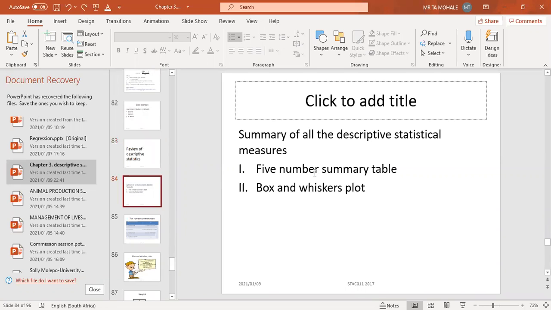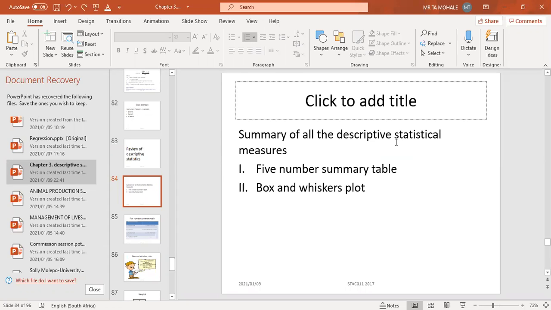The 5-number summary, will you fail to compute it? No, because it consists of the minimum, Q1, Q2, Q3, and maximum, in order.